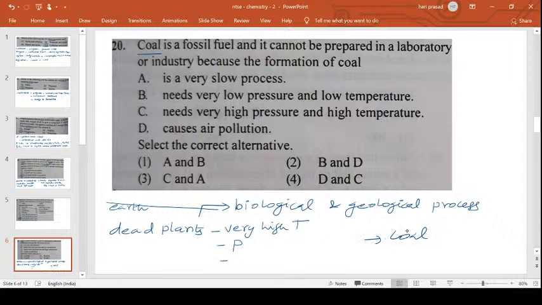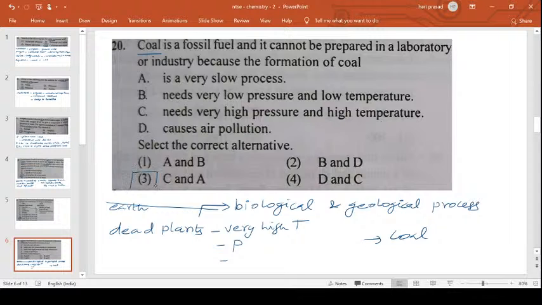So coal is formed by various biological and geological processes after being buried under the earth under very high temperature and high pressure, after plenty of days becoming coal.